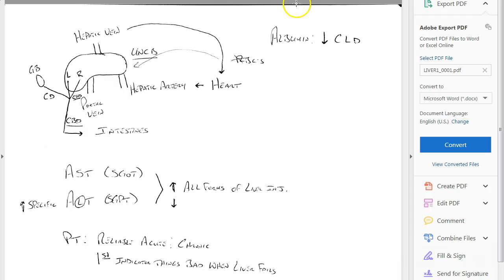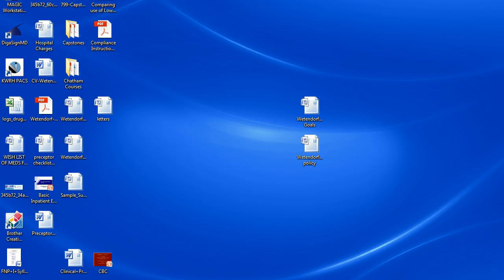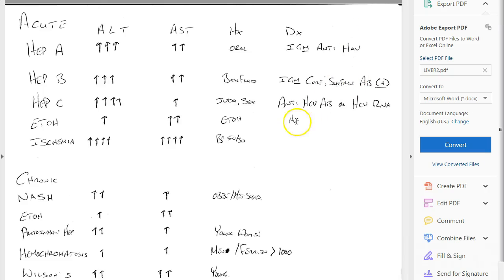Alright then. Let's move right along. Let's talk about some areas where we see big jumps in your ALT and AST and what it represents.